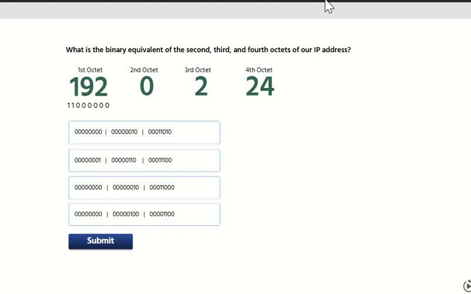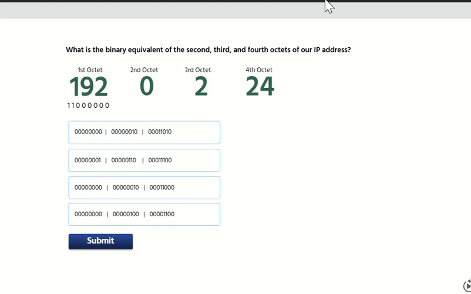Option 1. Second octet equals 8 zeros. Third octet 00000010. Fourth octet 00011000. Option 2. Second octet equals 00000001. Third octet 00000110. Fourth octet 00011100. Option 3.